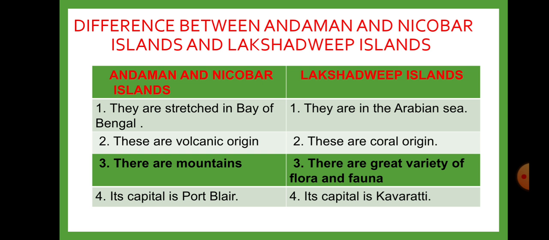Second point, Andaman and Nicobar Islands are of volcanic origin. Lakshadweep Islands are of coral origin. Third point, Andaman and Nicobar Islands have mountains. Lakshadweep Islands have a great variety of flora and fauna. Fourth point, Andaman and Nicobar Islands, its capital is Port Blair. Lakshadweep Islands, its capital is Kavaratti.